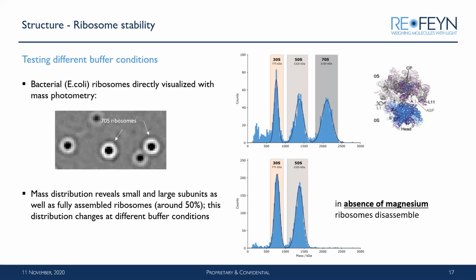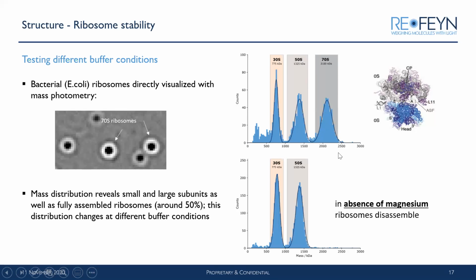And here, the example is with ribosome. Specifically, what we want to show here is that we can study the stability of the ribosome in different buffers. So the full ribosome is the 70S, and it's here in this sample in its native buffer.